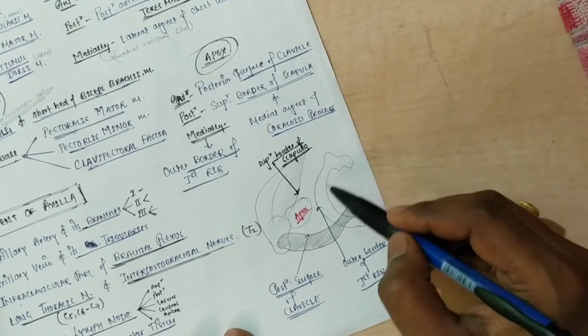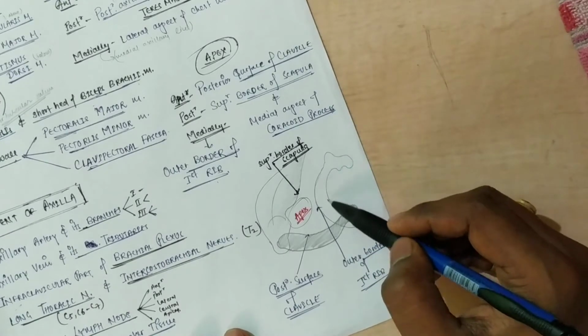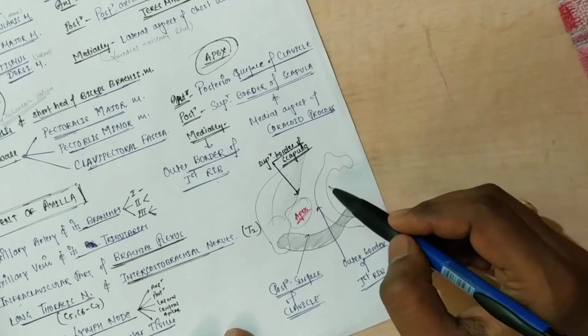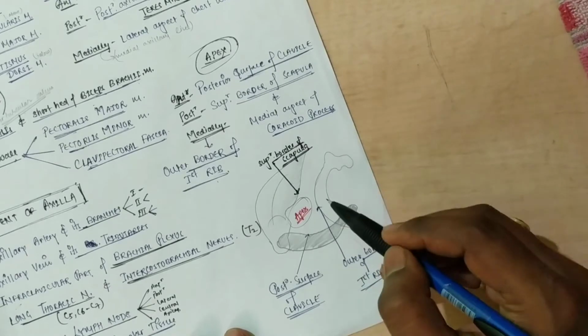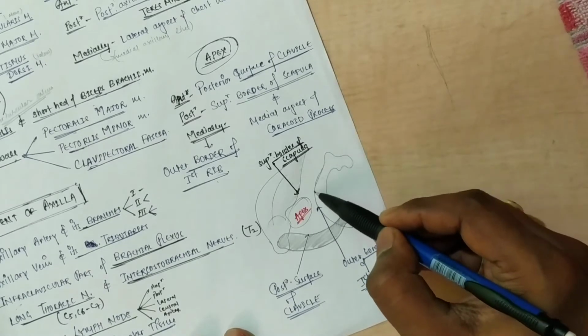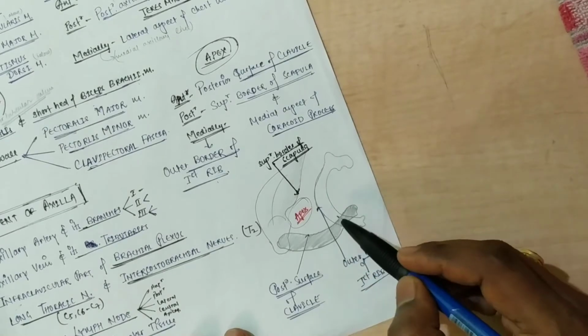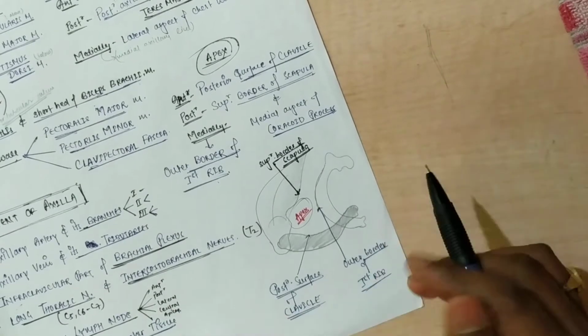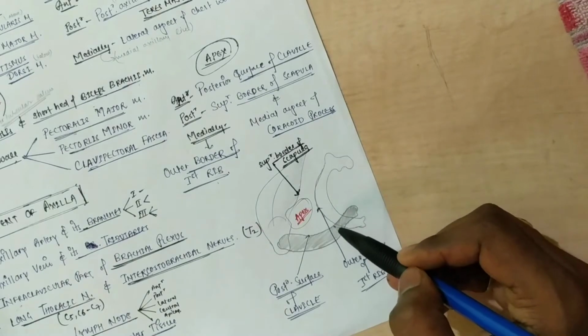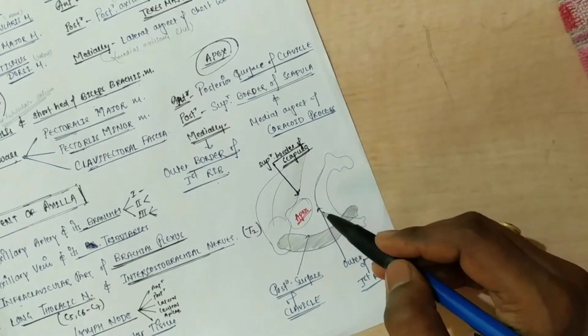As we all know, this structure is the first rib of our chest cavity. The outer border of the first rib forms the medial boundary of the cervico-axillary canal.